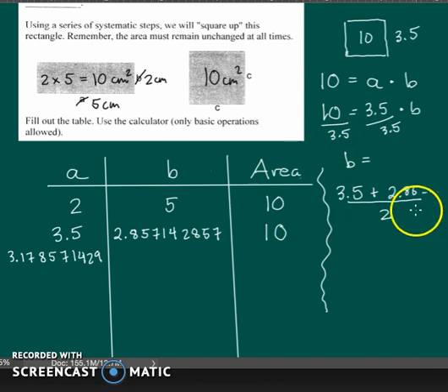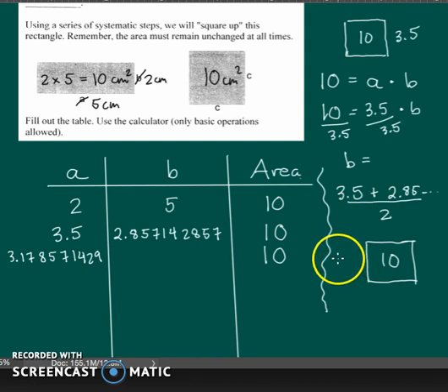So now we have to ask ourselves, if I'm guessing that the side lengths are this number here, 3.178571429, what is the length of the other side of this square? So now we have this other square that we are assuming is closer to an actual square. Once again, its area is 10.